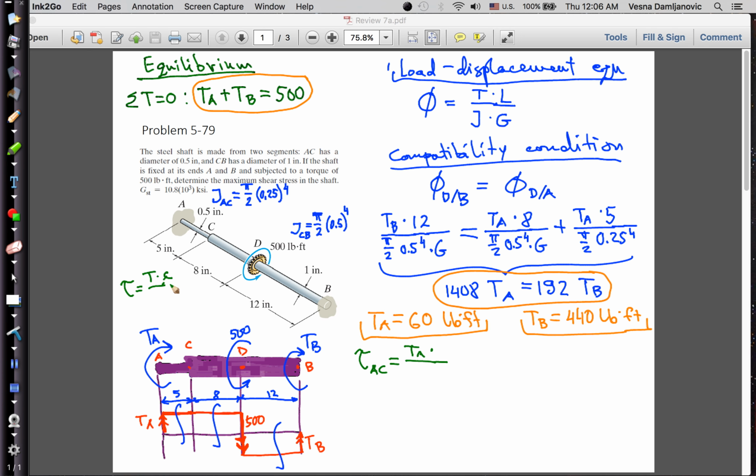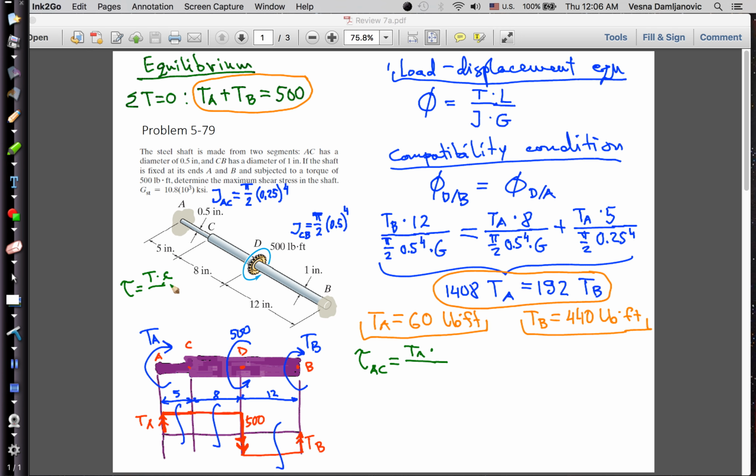Okay, and there we got to make sure that we multiply with feet here. Okay, so I will undo this and multiply here with 12. 12 goes for 12 inches in a foot because the TA is in pound foot. So instead of foot, I'll write 12 inches. So now everything is in inches. Times the C, the radius of that section, is 0.25.